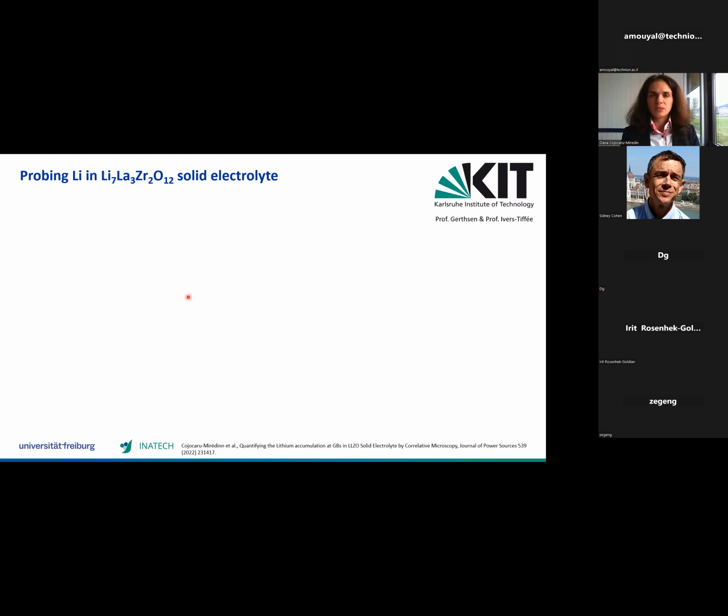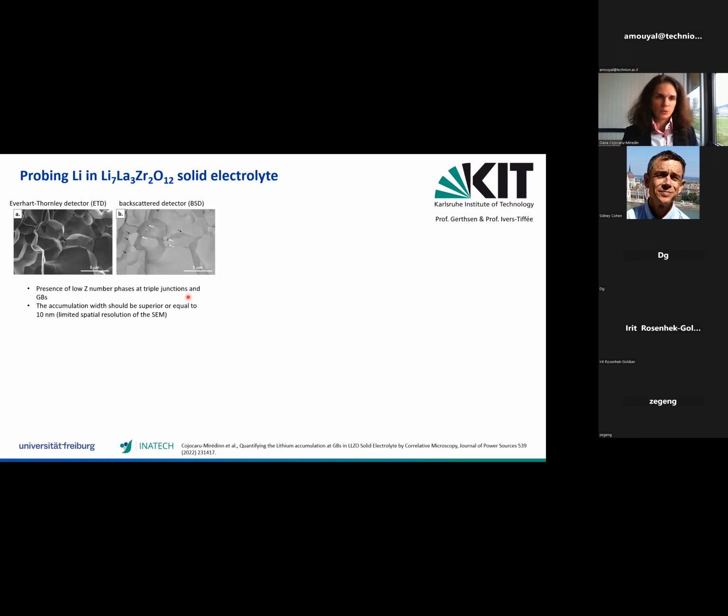So with that, we started to understand the solid electrolyte and analyze it with the atom probe. We first used a standard SEM and took the solid electrolyte, this is the lithium lanthanum zirconium oxide. We broke one small cell and looked at the cross section, and we see indeed that we have a polycrystalline structure with very well-defined crystals.